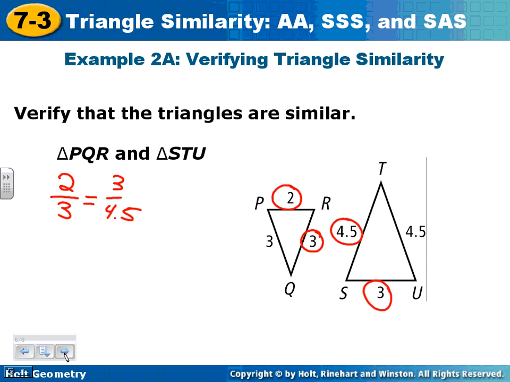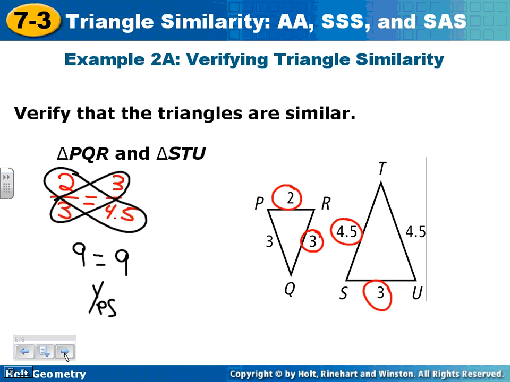Now let's cross multiply that. What's 2 times 4.5? 9. The other direction, 3 times 3 is 9. So are they in proportion to each other? Yes. Are those two triangles similar? Yes. Why are they similar? Because side, side, side. The three sides are in proportion to each other.